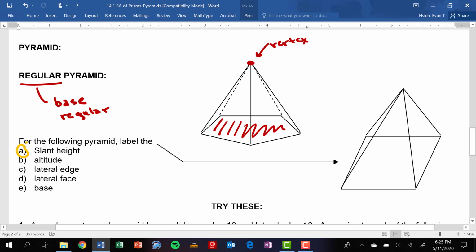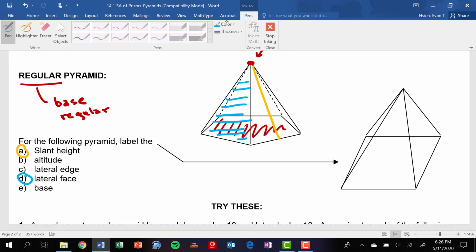That's going to be the altitude of one of these faces. And these faces are all going to be isosceles triangles. So each of these lateral faces right here, those are all going to be isosceles triangles.